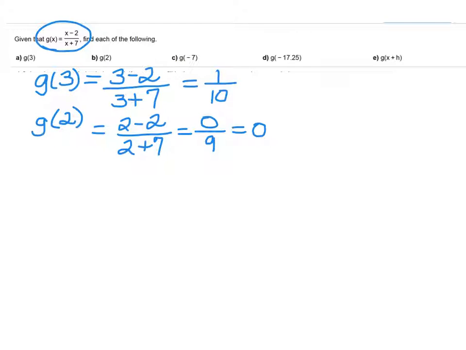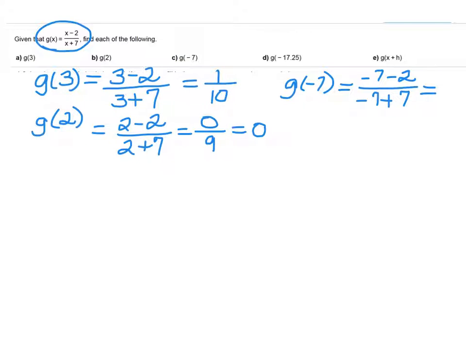Then next, we're asked to find g of negative 7. So again, we're going to replace x with negative 7. And that's going to give us negative 7 minus 2 over negative 7 plus 7.